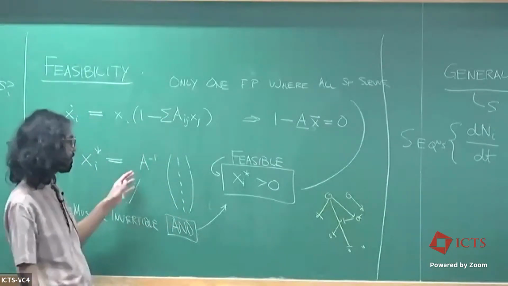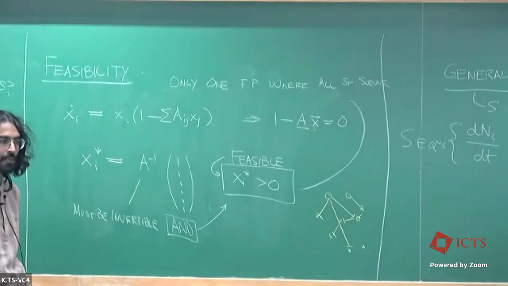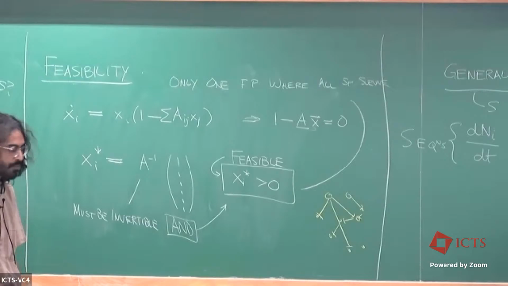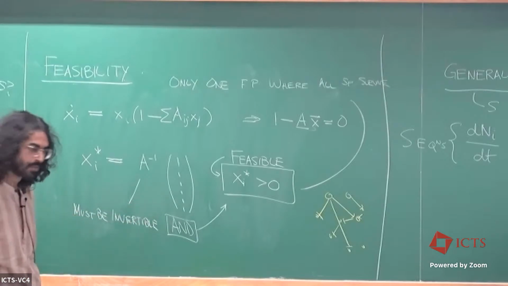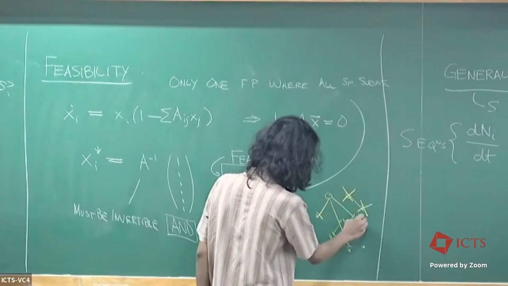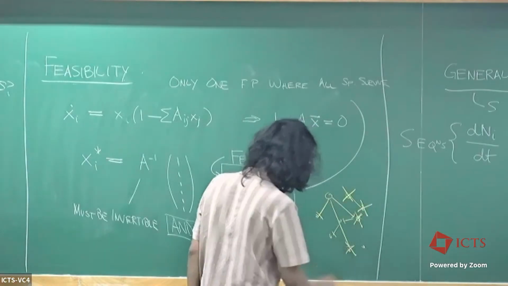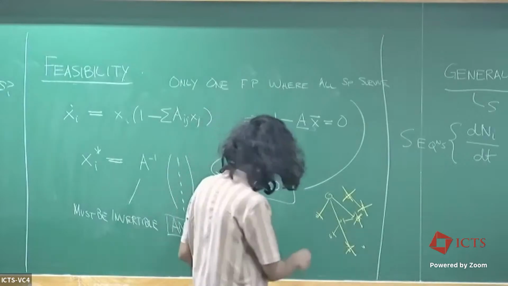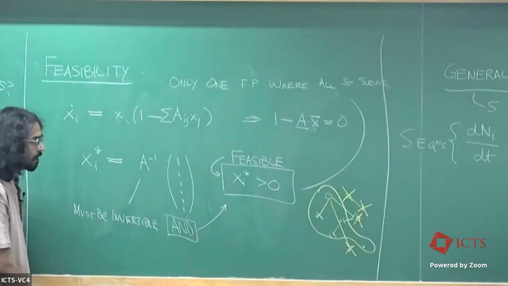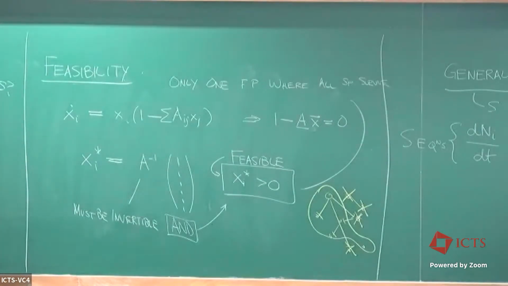We did this math, so we know that not all of them can coexist at this final fixed point because it's not feasible. Some of them will die. Let's say this one dies, that one dies, that one dies, that one dies. So now what we are left with is this set of species. What's the coexistence fixed point for that set of species?